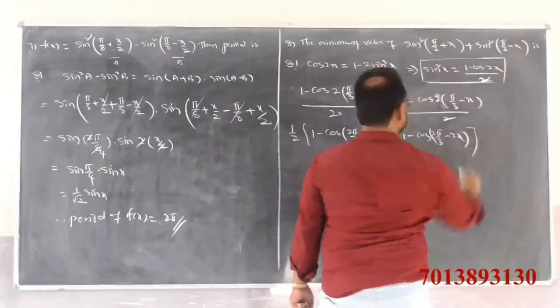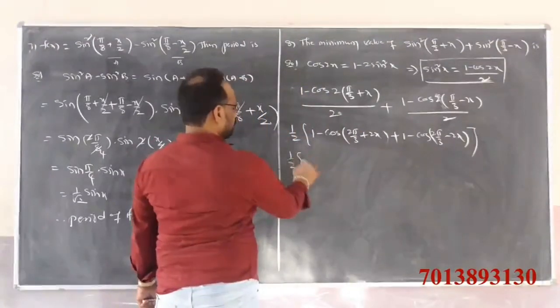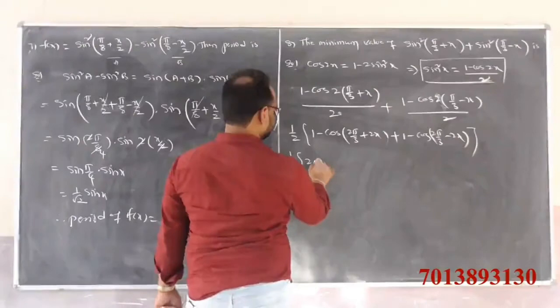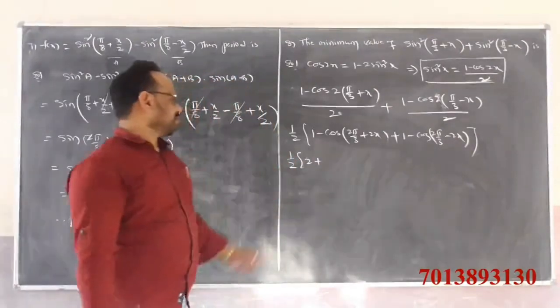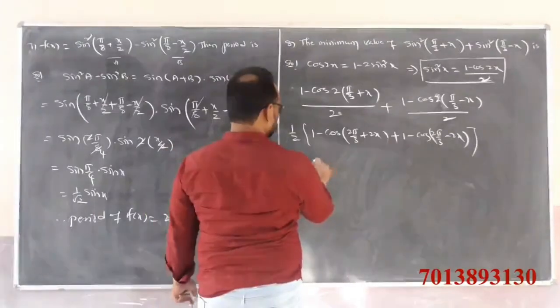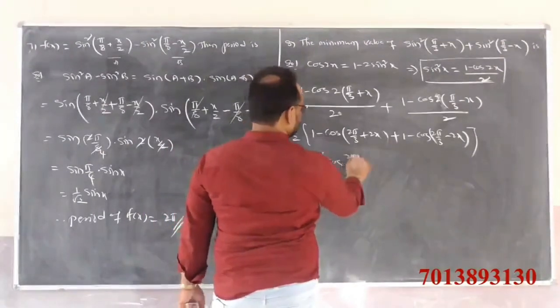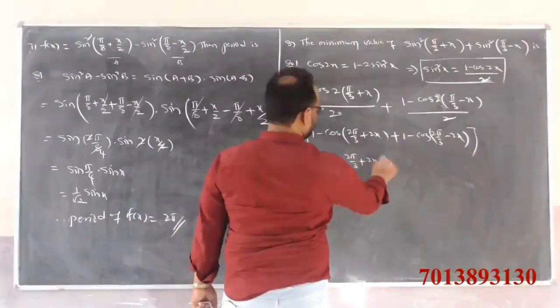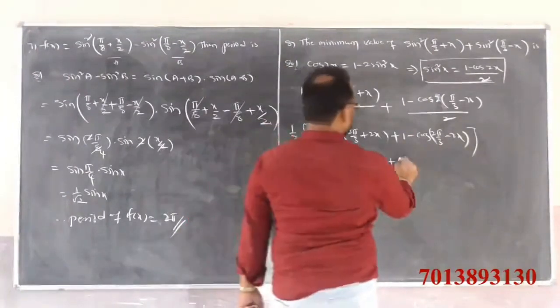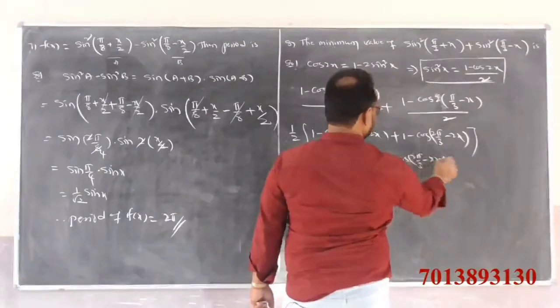This is 1 plus 1, that is 2, so 1 by 2 into 2 minus (cos (2 pi by 3 plus 2x) plus cos (2 pi by 3 minus 2x)).